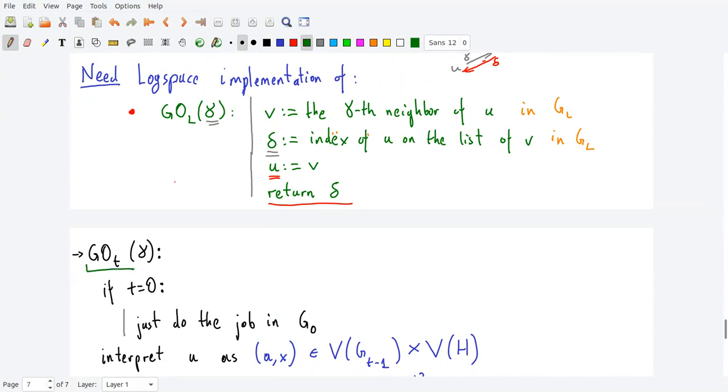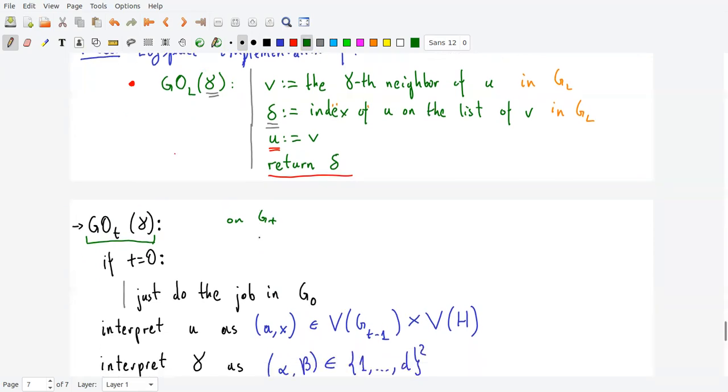More precisely, I will now write an algorithm for the procedure go t of gamma, which works on the graph GT. How should this work?